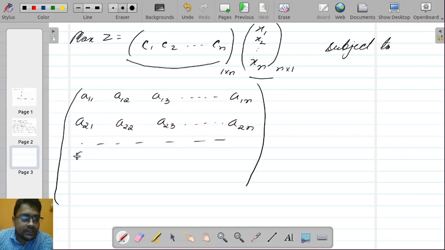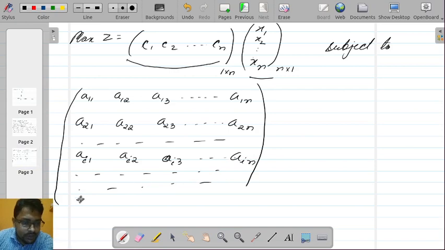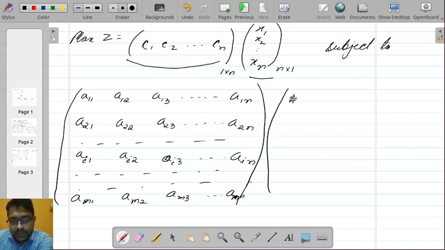So in general it is ai1, ai2, ai3, up to ain, and the last one we can write as am1, am2, am3 up to amn, okay. So this gives us the entire matrix multiplied with x1 x2 up to xn. This will give us less than or equal to, greater than or equal to, okay.